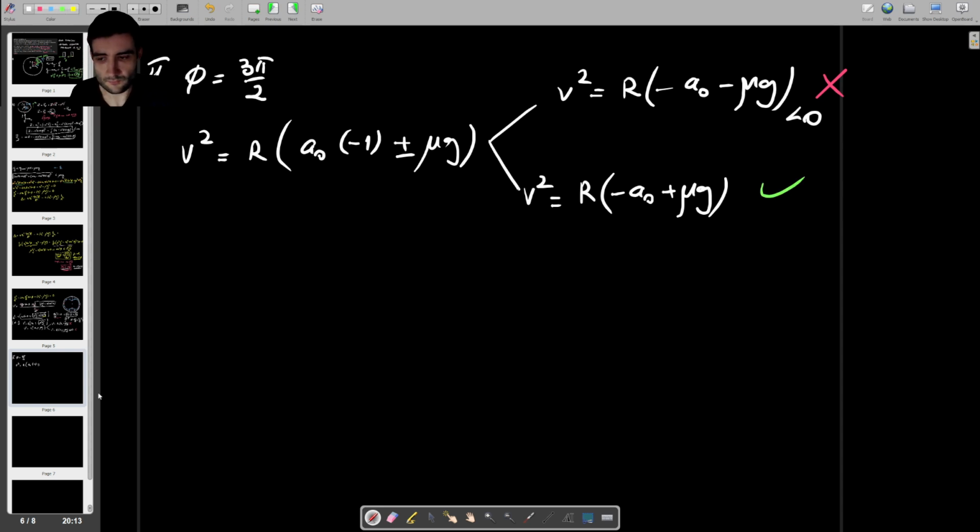So this is the minimum velocity, the minimum value of the velocity from all the maximum values, if that makes sense.